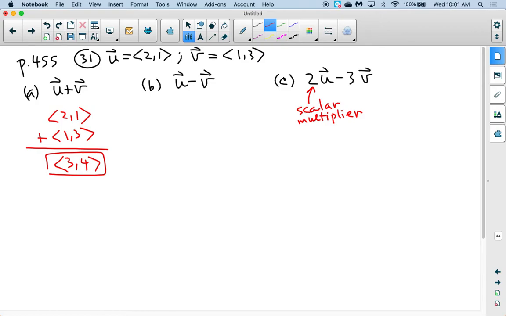Okay, u minus v, let's do that in blue. So 2, 1 minus 1, 3. Remember that this acts just like a scalar as well, so it affects both the coordinates inside here. To subtract this vector, you literally are subtracting each of these components. Using position, it's like going 2 miles east, but then coming back a mile, or going a mile west.